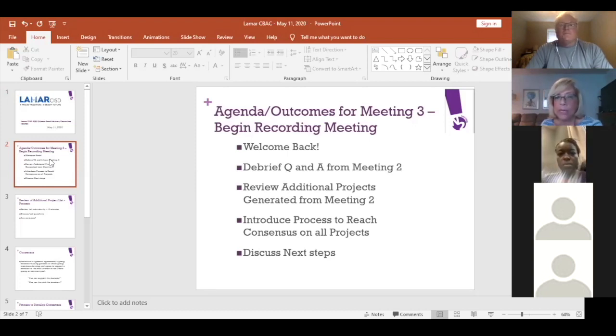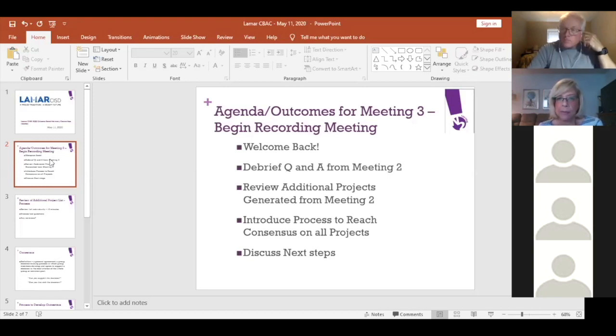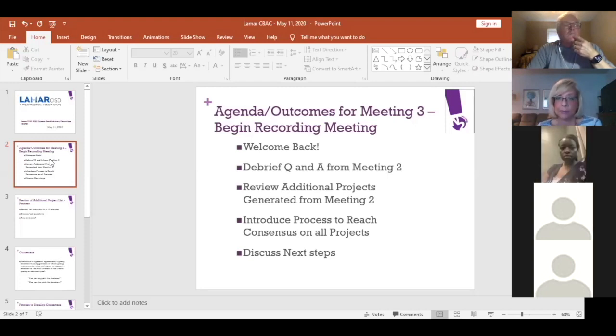So we'll even take a break and give you about 15 minutes. I want to make sure everybody understands what is on these additional project lists. Remember, this is the stuff you generated last week in your small groups. We've got notes now. We've got dollar figures. We need to understand by the end of the evening that you understand everything on those lists.